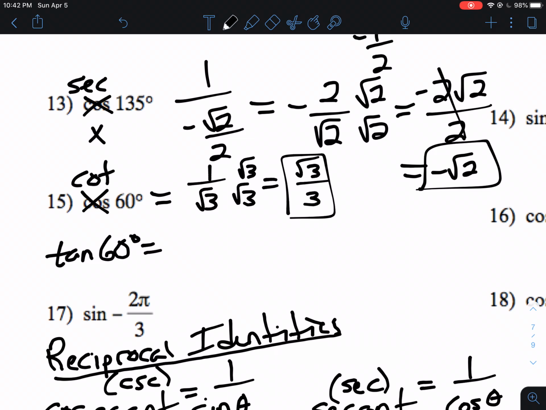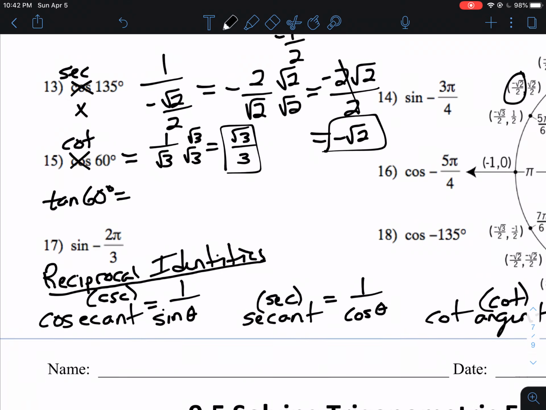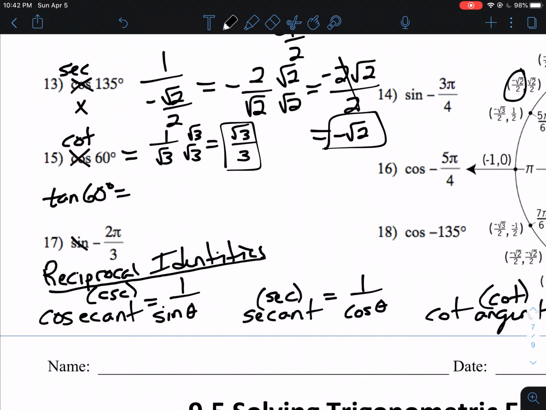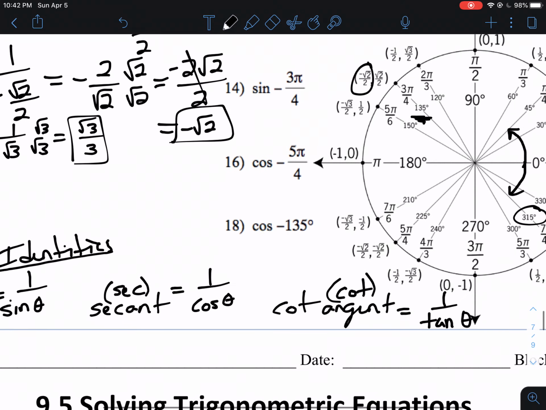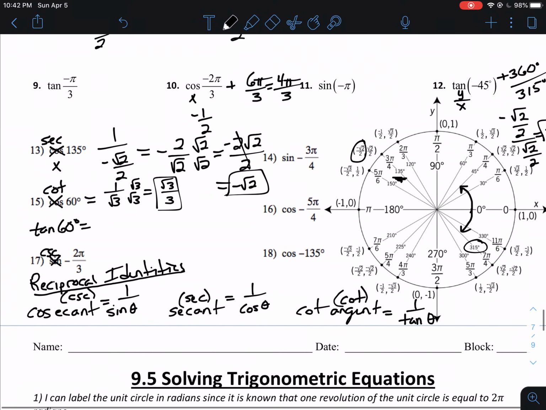So let's do one more. Let's do number 17. This will give us a chance to practice the only one we haven't seen yet, which is cosecant. It also gives us a chance to practice with negative radian angles. So negative 2 pi over 3. I think we've already kind of discussed how to get to negative 2 pi over 3. We talked about that negative 2 pi over 3 up on number 10 was the same as 4 pi over 3.